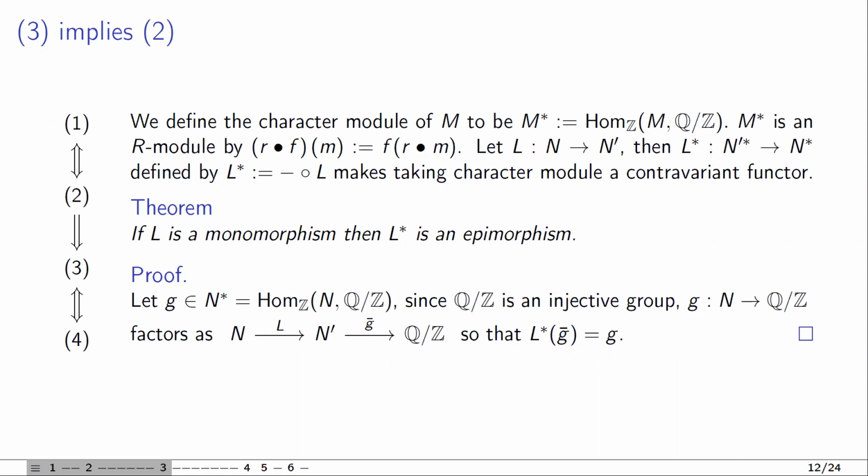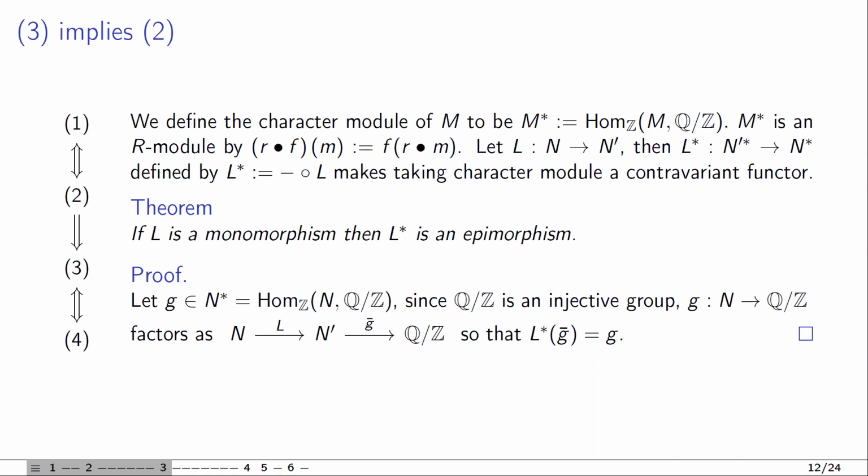In fact, this character module construction is functorial, because if L is a linear map from N to N prime, then there is an obvious map from N prime star to N star, defined by composing with L. So taking the character module is actually a contravariant functor.